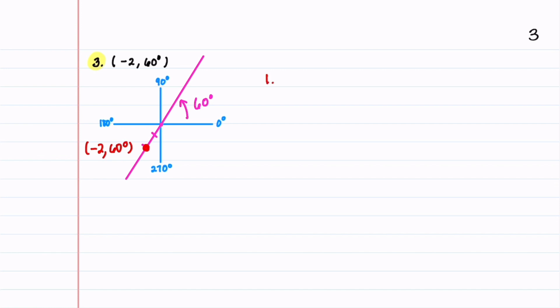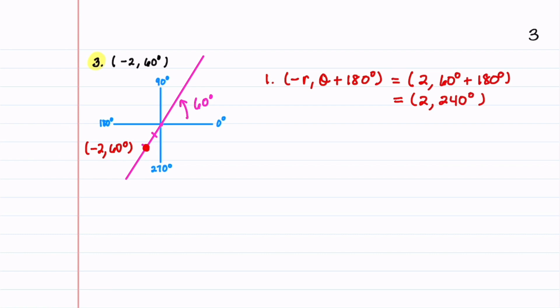Our first representation can be minus r, theta plus 180 degrees. And this is minus negative 2, so this is 2, 60 degrees plus 180 degrees, which gives us the representation 2, 240 degrees.